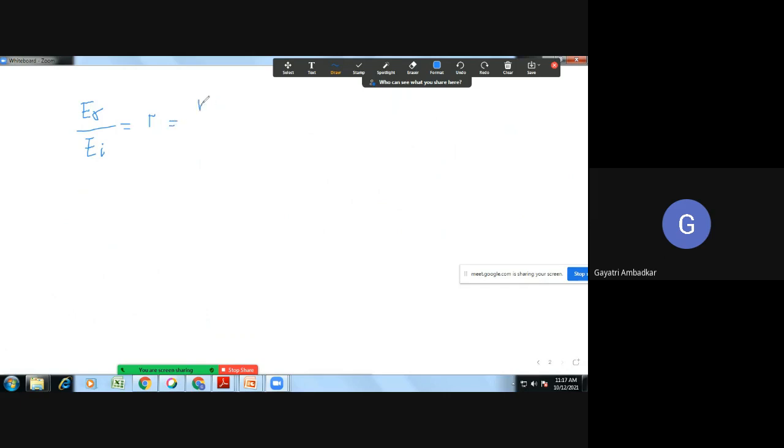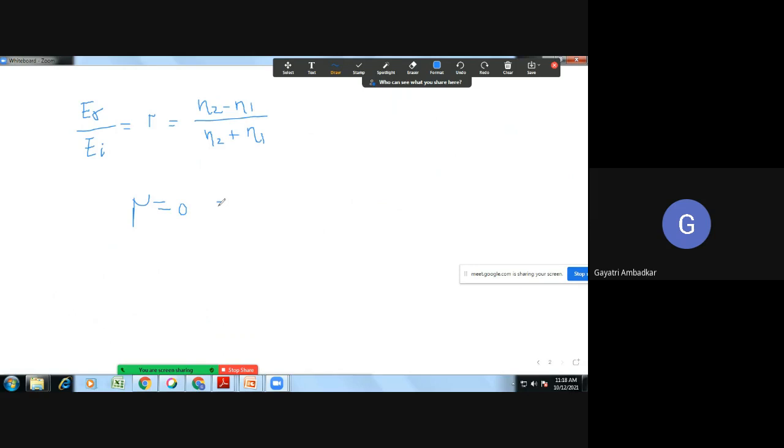So you will get, you try to solve this as eta 2 minus eta 1 upon eta 2 plus eta 1. Okay, so now what is tau? Tau indicates the reflection coefficient. If tau is equal to 0, reflection coefficient is 0, means what?